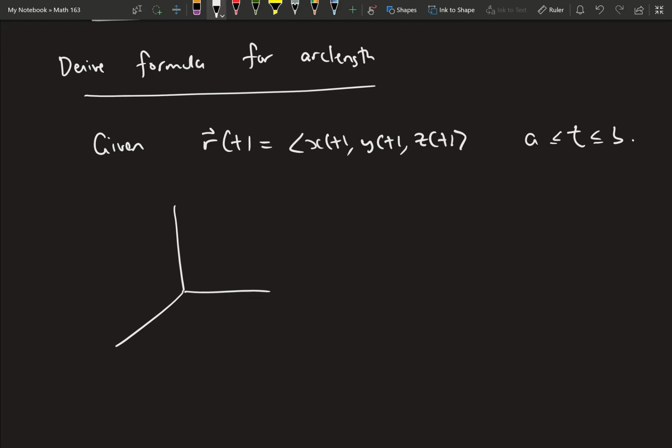So we're somewhere in three-dimensional space. And our curve is something like this, where we start here at the point, so here's r of a, here's r of b.